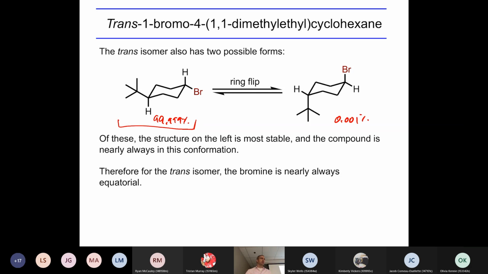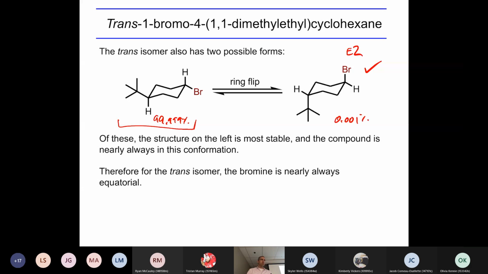Sometimes, but not very much. In that more stable form on the left, can that do E2? No. Can't do E2 because the bromine is equatorial. It has to be axial. It can do E2 like this, but it's almost never in that form.